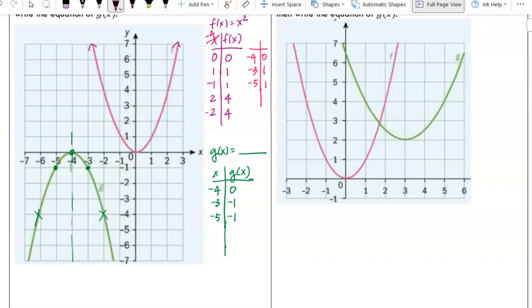I'm going to start writing my function here. I'm going to open up that function and put an x, and x is going to have a negative 4, but remember x's are complicated, so you need to flip that sign. Bam.